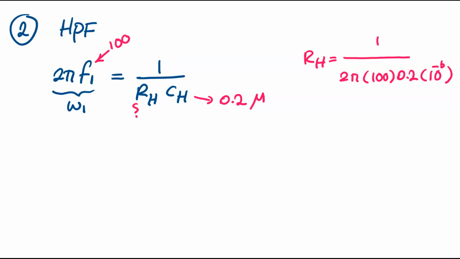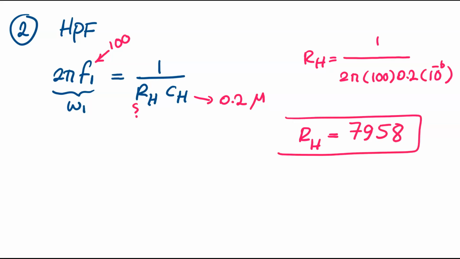So after solving, we're going to have RH equal to 7,958. So right now I have the parameter of my low pass and high pass filter.